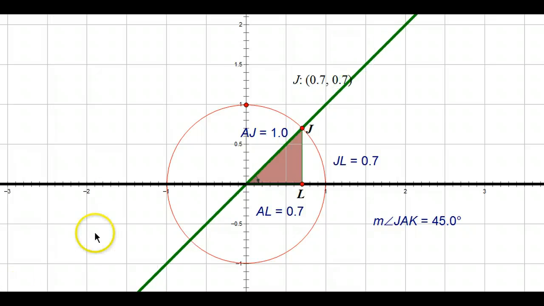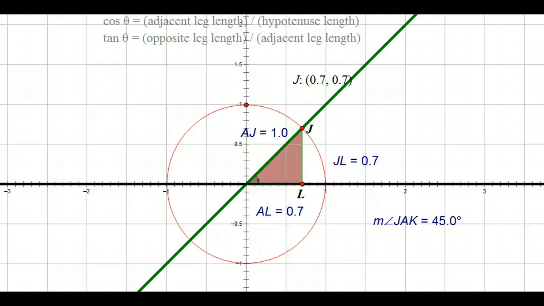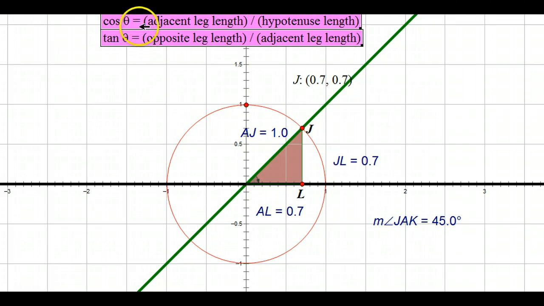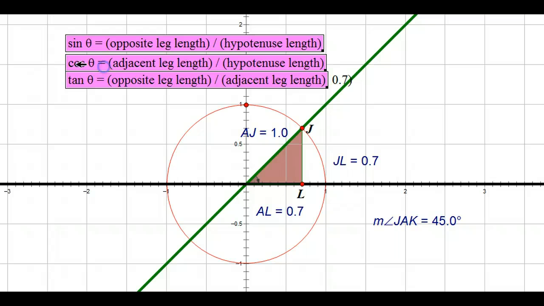So is there a relationship between this angle and the coordinates of this intersection point, which we know has a relationship to the lengths of the legs of the right triangle? Well, there is, and if you remember from geometry, there are these things called trigonometric ratios. And the most popular trigonometric ratios are sine, cosine, and tangent.